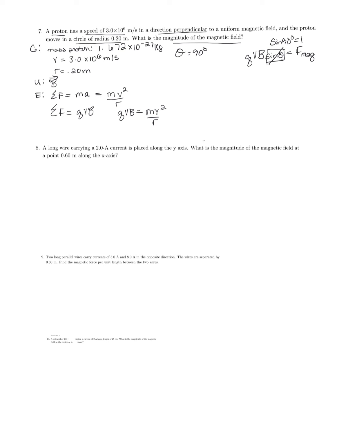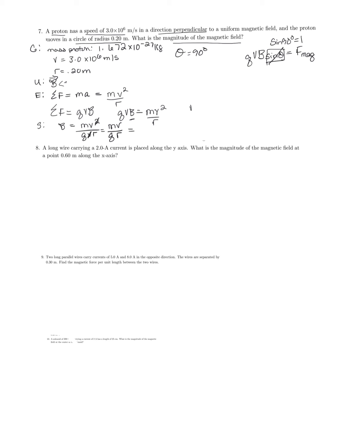What are we solving for? We need to solve for our unknown, which is B. So we rearrange this equation and solve for B. B equals mv squared over QVR. One of those v's is going to cancel, so then we have mv over QR.